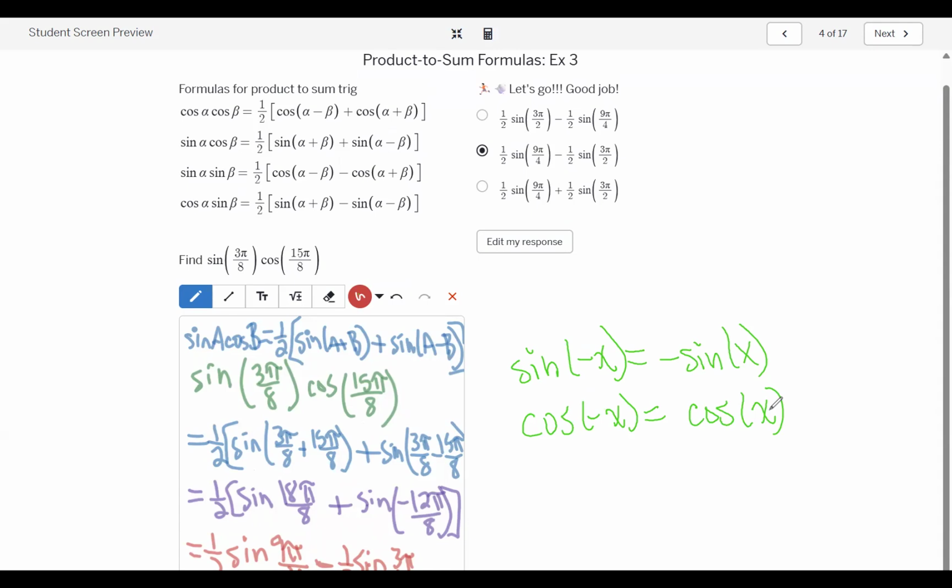And I think of it as cosine of negative x is saying left side, cosine of positive x is saying right side. If the graph folds on the y-axis, then the left side equals the right side. For the sine graph, it doesn't fold on the y-axis. It's a 180-degree spin to get the same graph. So that's why we have the negative inside versus the negative outside.